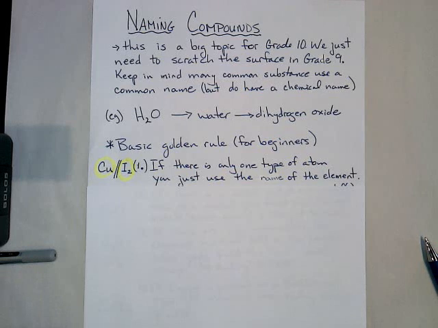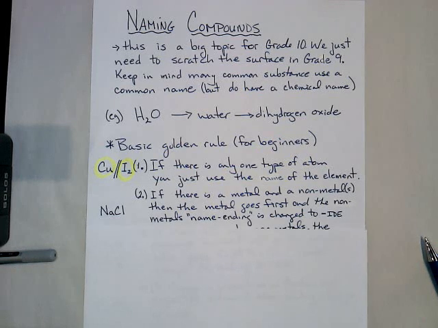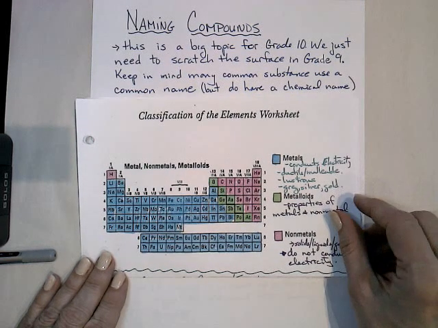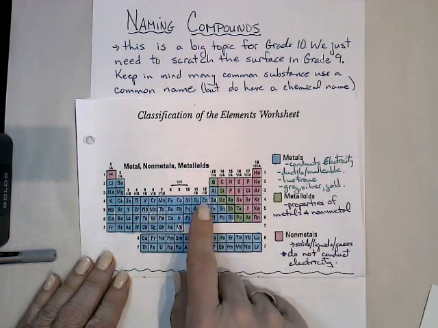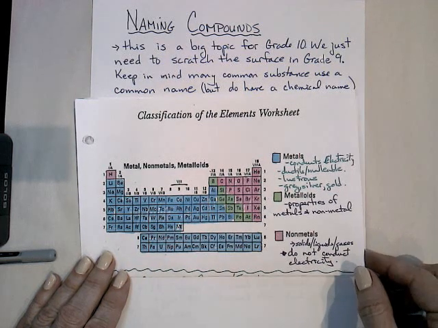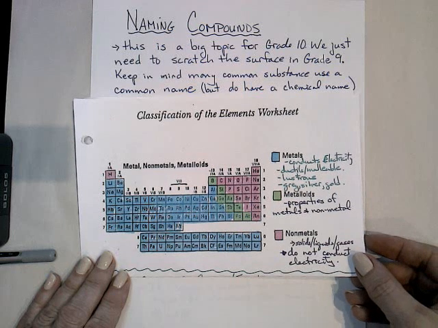Okay, so let's look at the second one. It says, okay, if there is a metal and a non-metal, then the metal goes first and the non-metal name ending is changed to "ide." Now I just want to remind you of something before we get going here. You have this sheet from me where blue is the metals, pink is the non-metals, and on the staircase are the metalloids, so you have that in your notes.